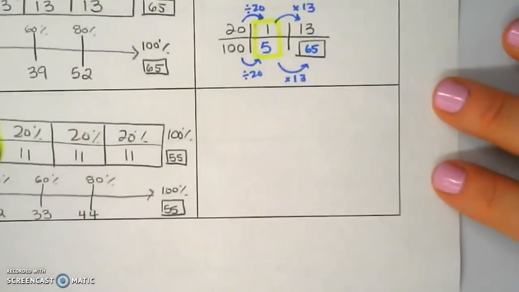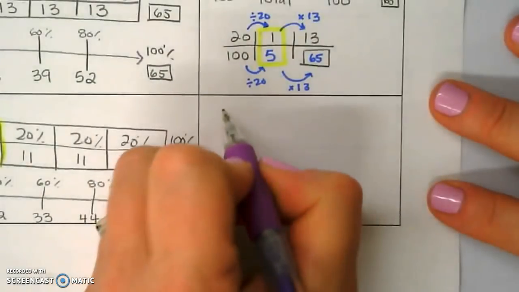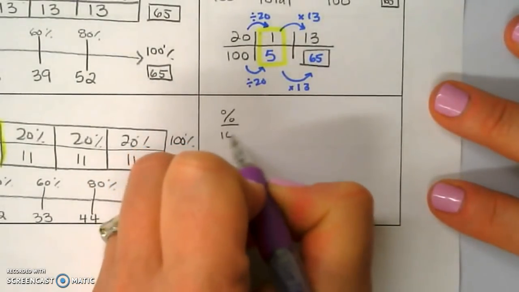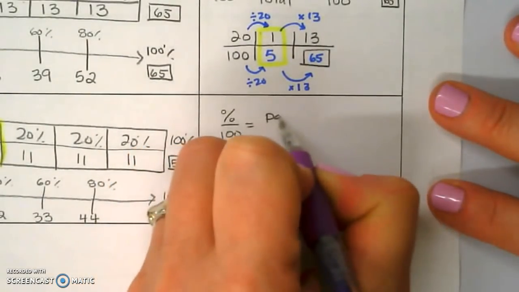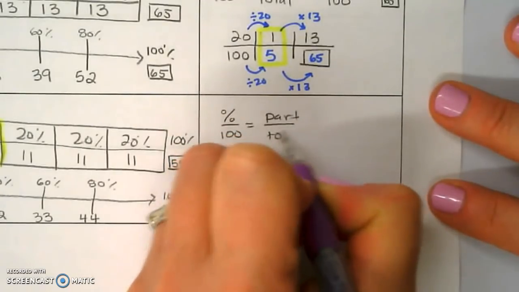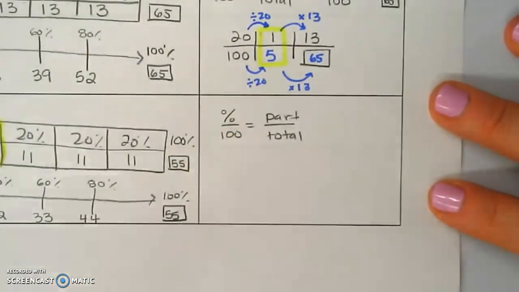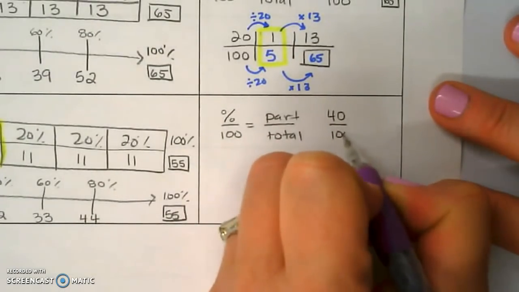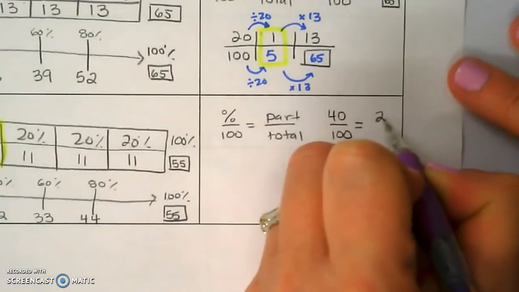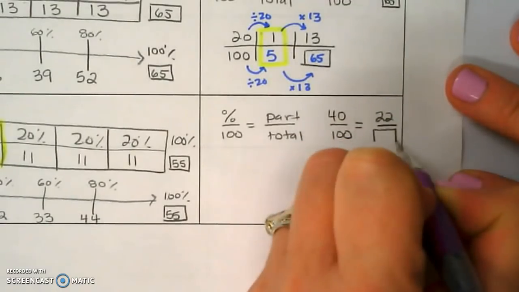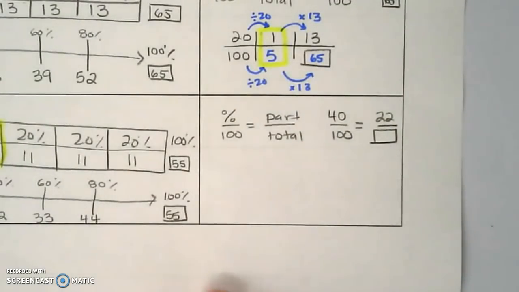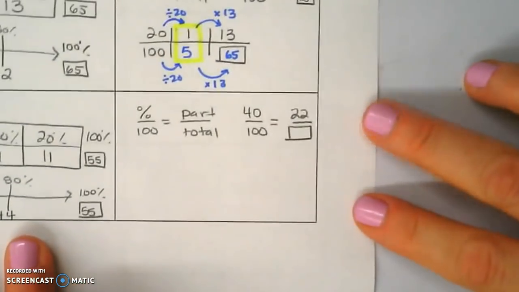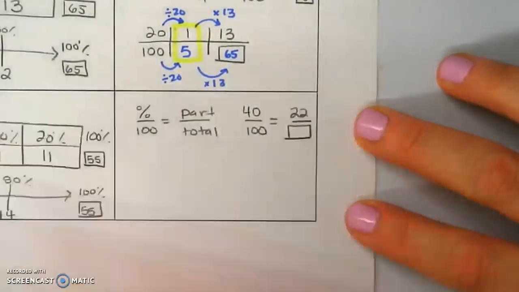Let's do the same thing with the proportion. Percent over 100 is part over total. And for this problem, 40 over 100 equals 22 over something. Now, I know you know the answer is 55, but let's pretend we hadn't done the model.